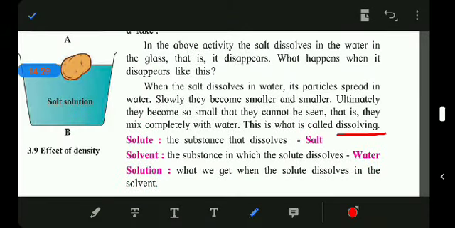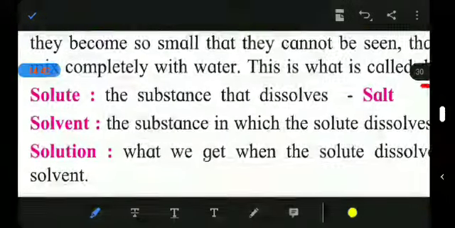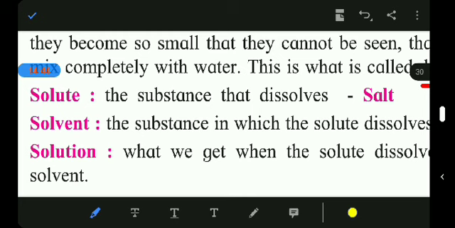Okay. Now, with this scenario, we have three concepts to learn: solute, solvent and solution, that we are going to see one by one. What is meant by solute? The substance that dissolves.